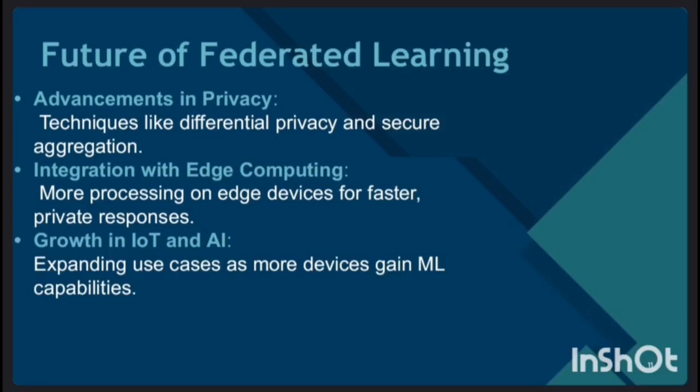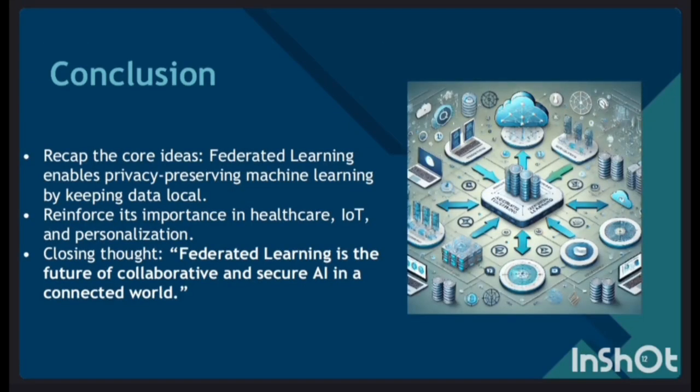across industries. In conclusion, federated learning enables privacy preserving machine learning by keeping data local on devices. This approach greatly minimizes data exposure, making it a highly secure model for developing AI models.